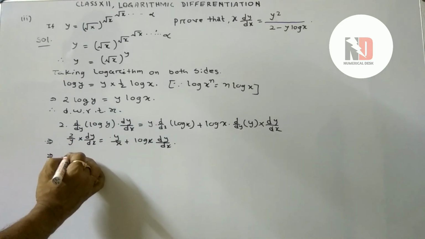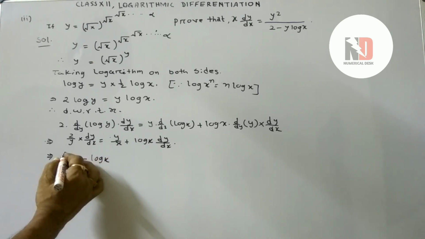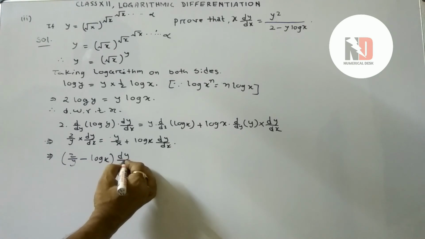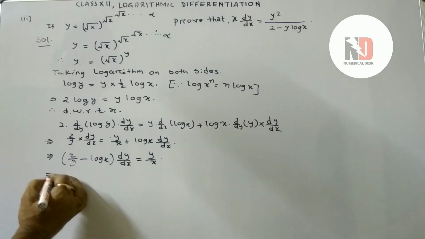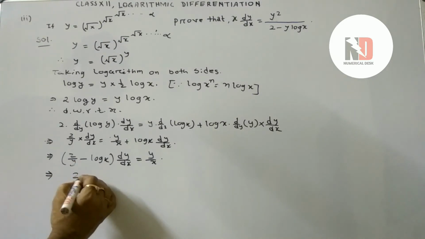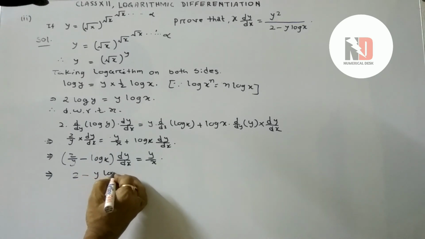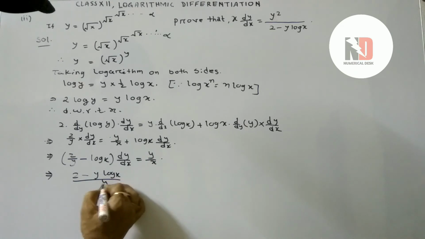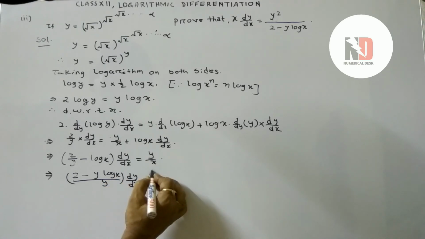So now just arranging the dy by dx terms on the left hand side and taking dy by dx common, and the right hand side is equal to y by x. Now taking LCM of y, it is 2 over y minus log x, whole into dy by dx is equal to y by x.